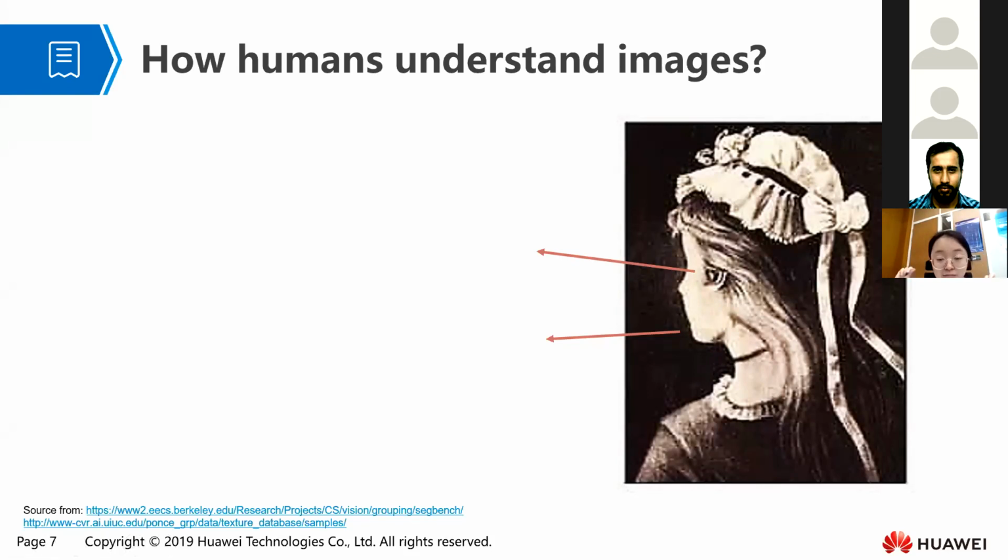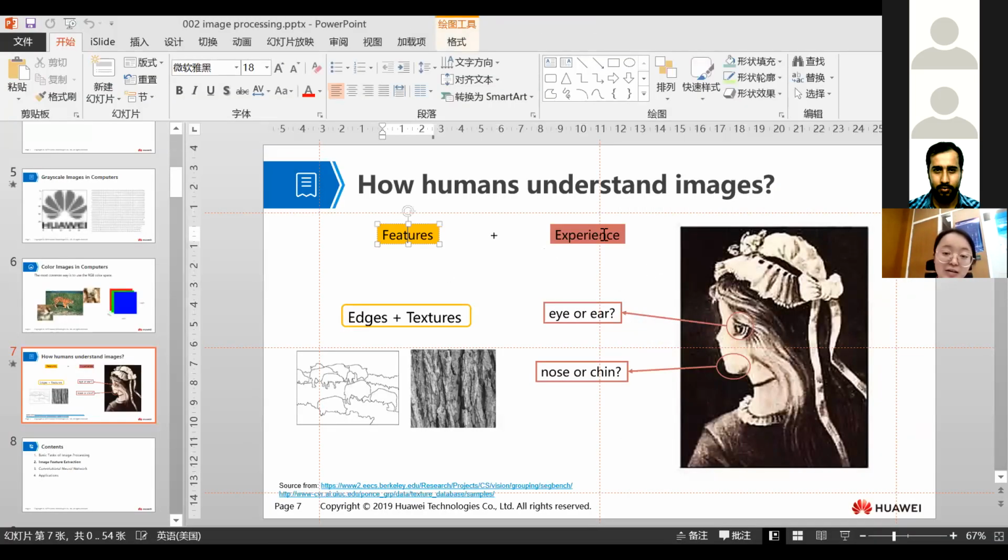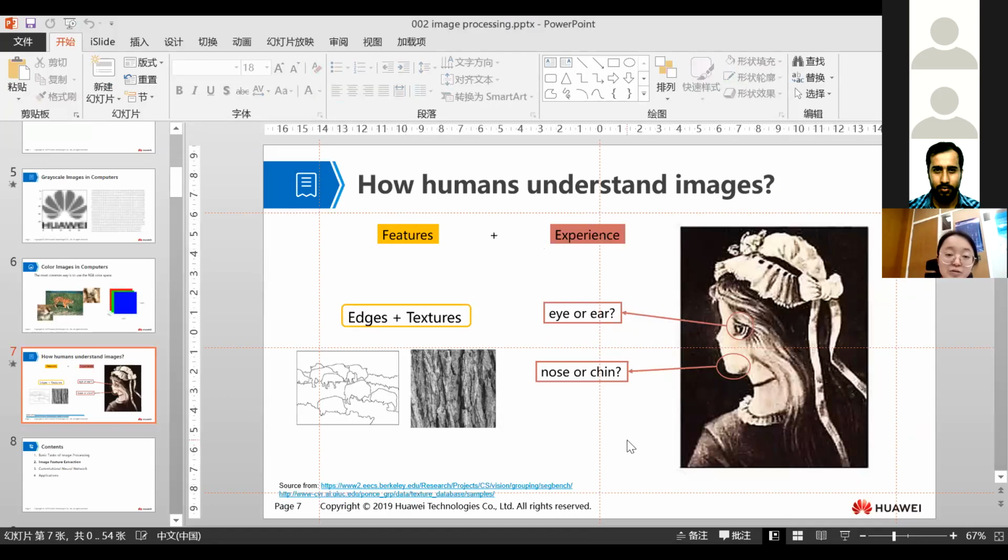But with the same features, if you view this feature as the ear of a girl, and here is a chin, and here is her leg, you can see a young girl. So the same feature plus experience, combined together, becomes the understanding of the image.